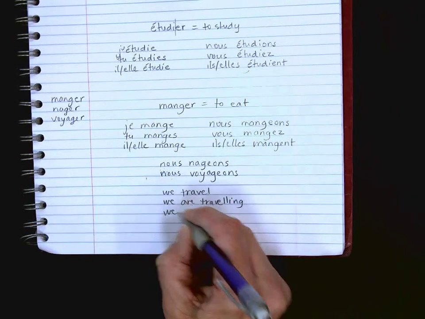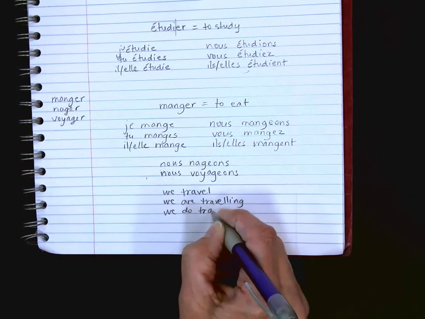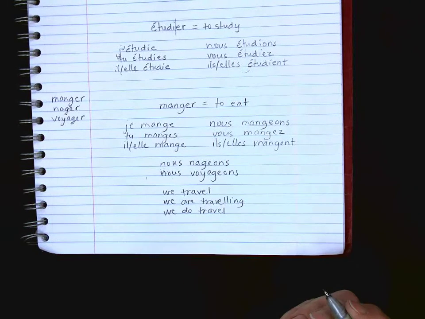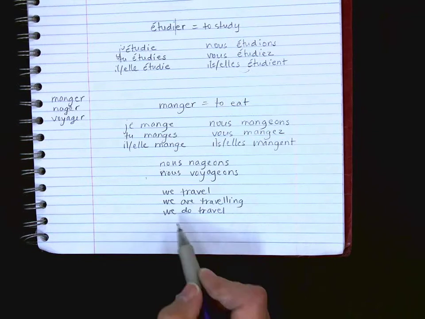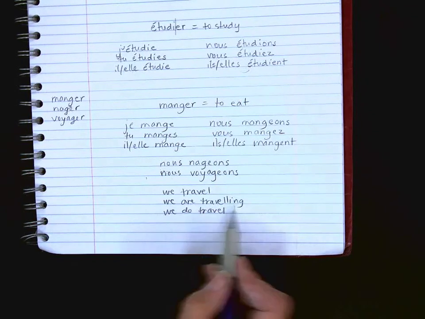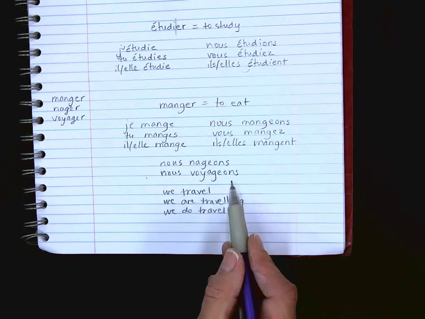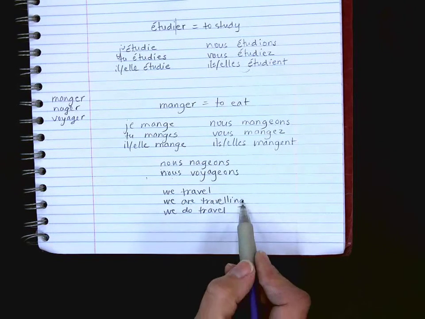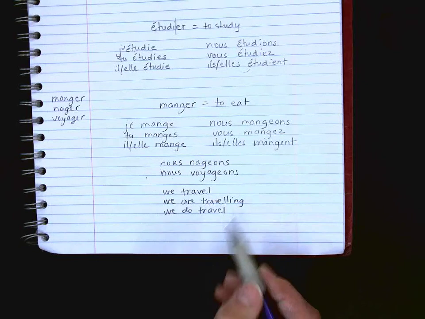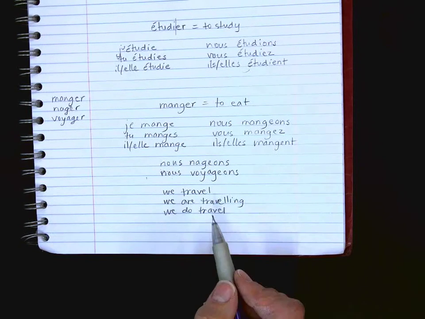We also might say we do travel, which is also considered present tense, kind of. So in French there's only one way. You don't use this, we are traveling. That doesn't exist in French. It's just nous voyageons.